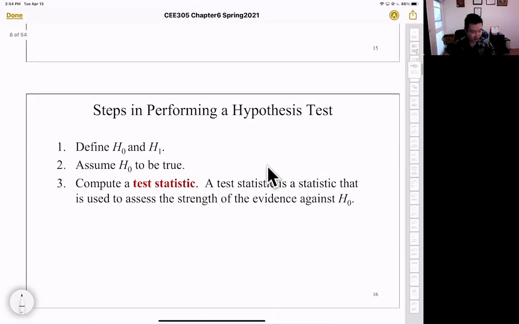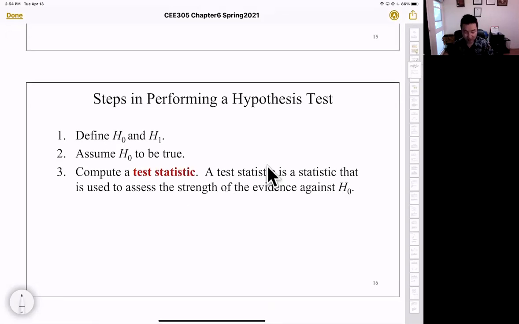So the steps. The first step, we define the null hypothesis H0 and the alternative hypothesis H1. I can tell you a trick for how to do the definition depending on how the question is asking, next time. Then let's assume H0 is true.